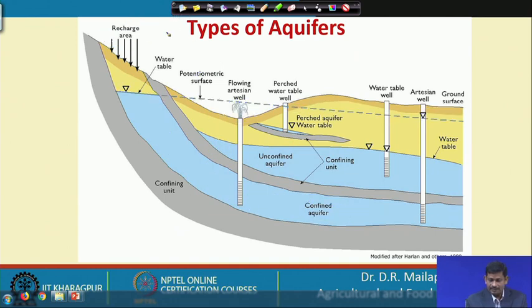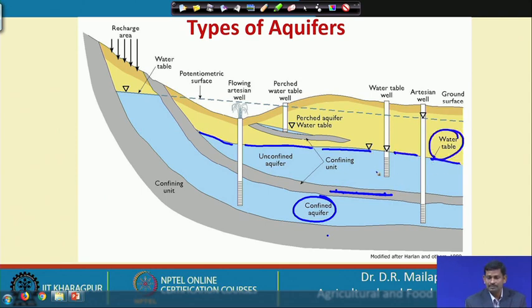Since these two are impervious surfaces, this is a confined aquifer. Above that, there is again a geological formation which has an impervious surface at the bottom, and at the top there is no impervious surface; it is open to the atmosphere. You can see the top of this geological formation is called the water table, because of atmospheric intervention.